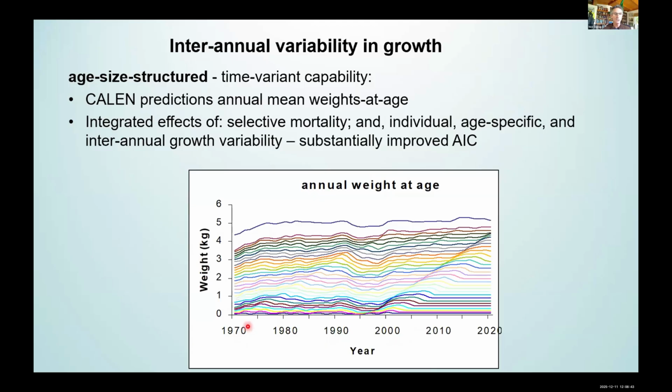What this allows you to do is to see the cumulative effects of the selective mortality in respect of length through time, individual, age-specific, and interannual growth variability, where these length-based processes are conserved within each cohort, and you can see the differences between the cohorts as troughs and crests in the distributions of the weights at age.